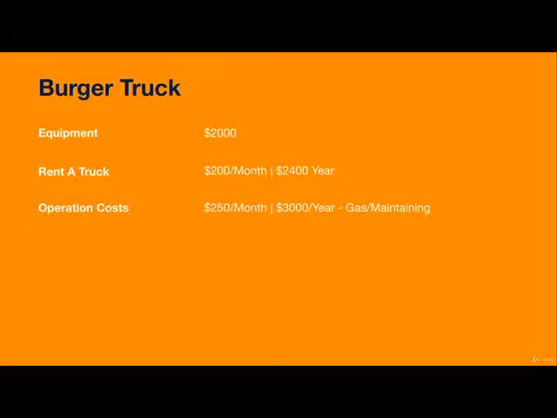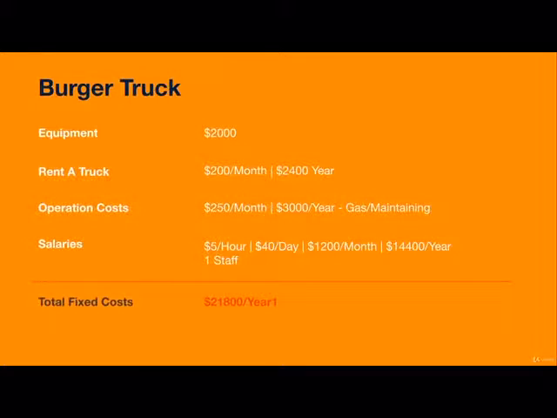You decide to hire one staff member for $5 an hour. He will work 8 hours a day, which equals $1,200 a month and $14,400 a year. Your total fixed cost will be $21,800 for the first year and $19,800 for the second year, assuming that you will continue using the same equipment.